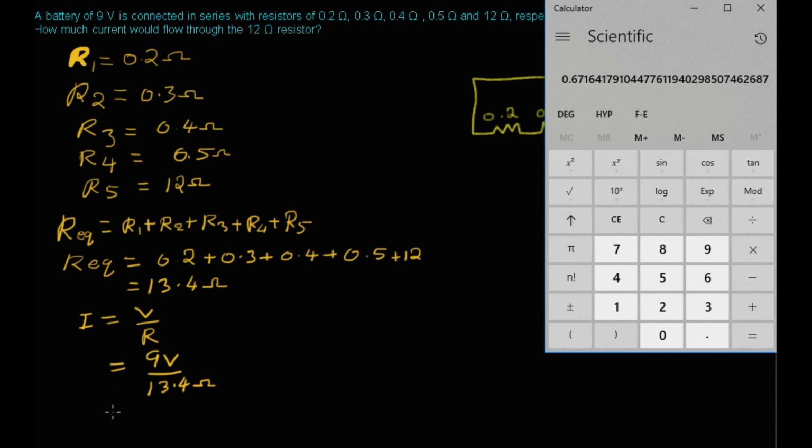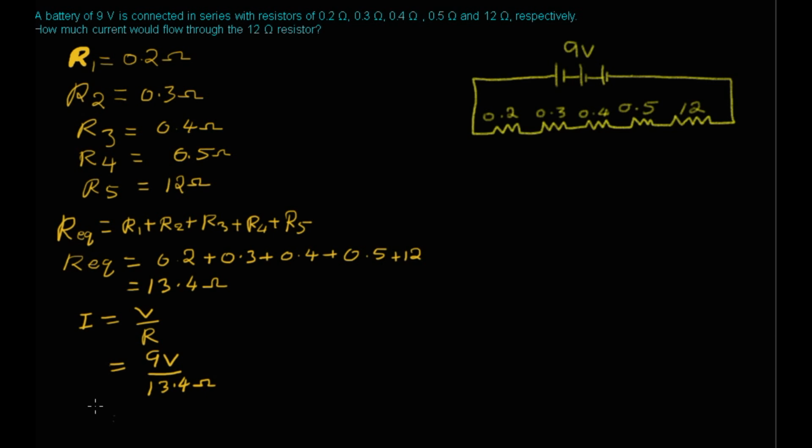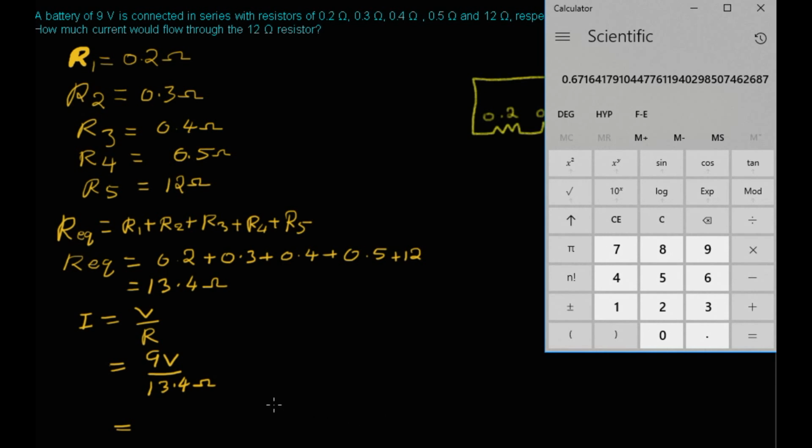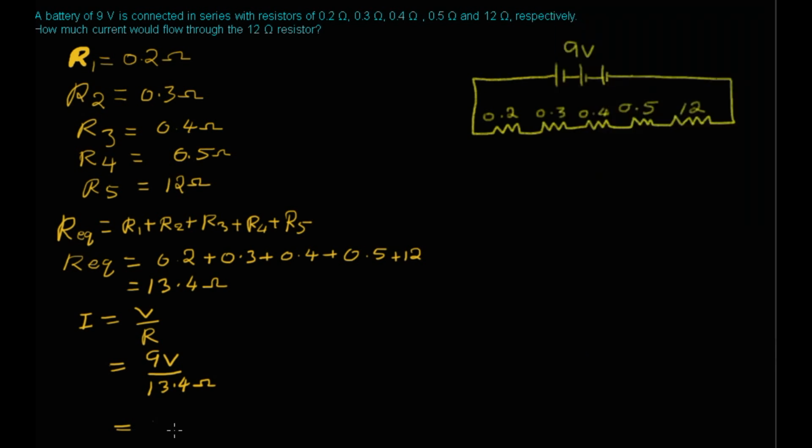We'll round off the value of the current: current is equal to 0.6716 ampere, the current flowing through the circuit.